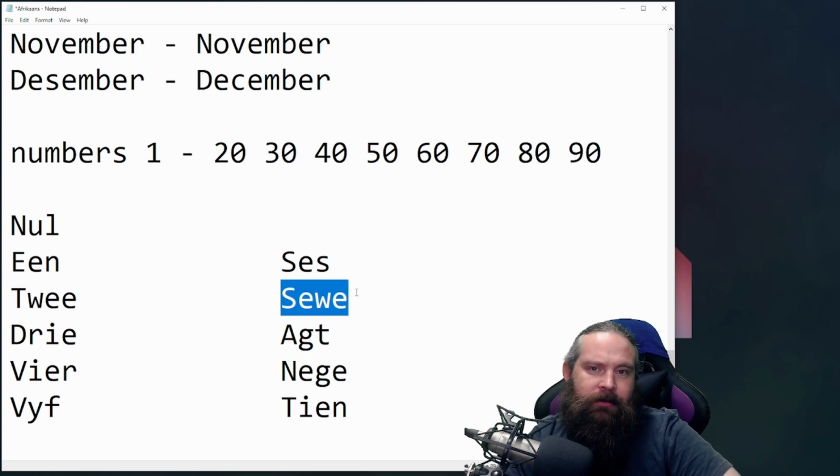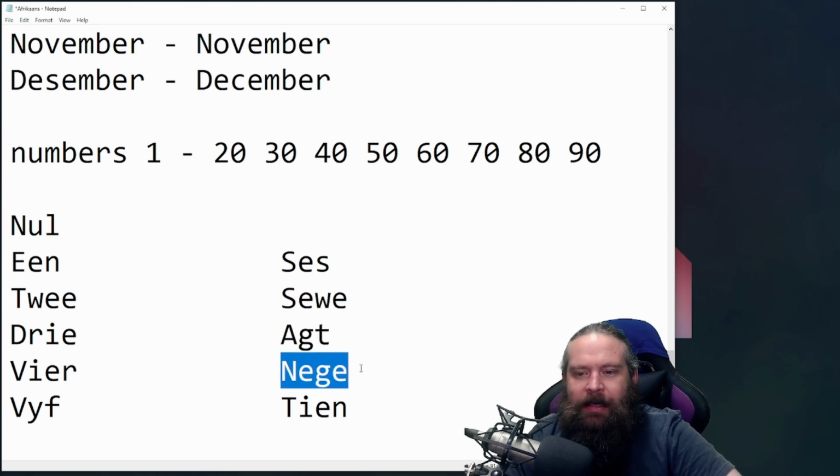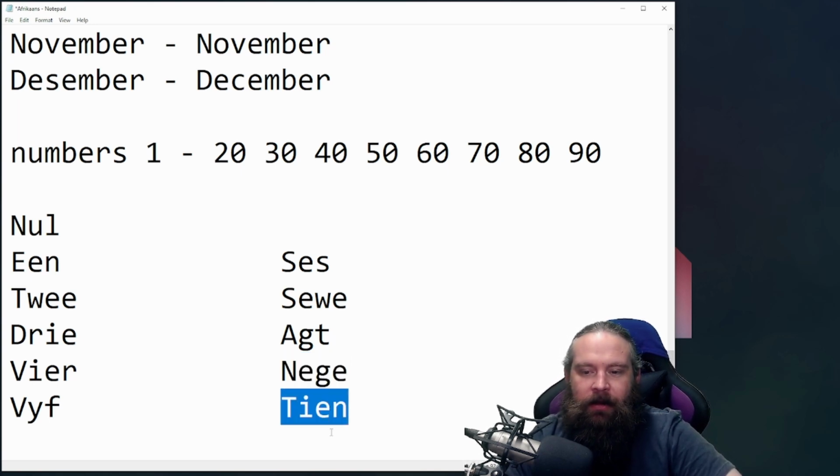7. Sewe. Here comes a difficult one. 8, agt. And then we've got 9, which is nege. And then that is basically 10.